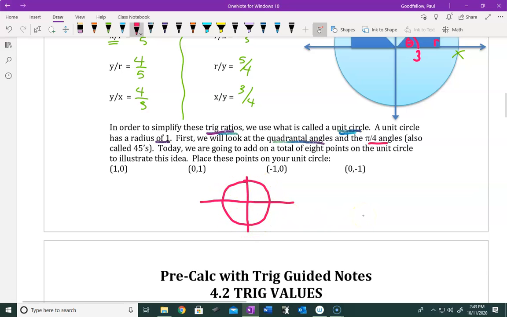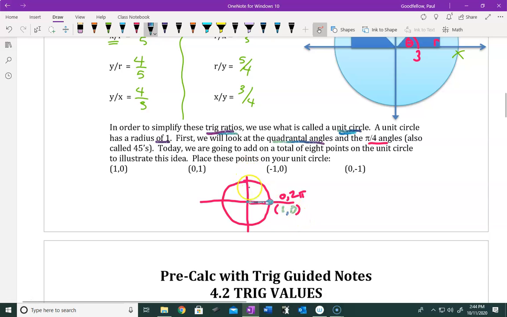If the radius was a distance of 1 over here at an angle of 0, or 2 pi, the coordinate at that location, I'll put a big fat dot on that, that's one of the quadrantal angles, would be expressed as 1, 0. It's 1 unit out, because the circle is of radius 1, and up and down none. So we'd agree that that's at 1, 0.